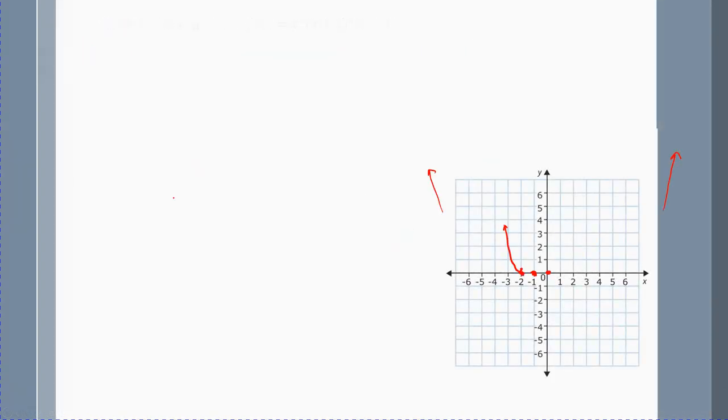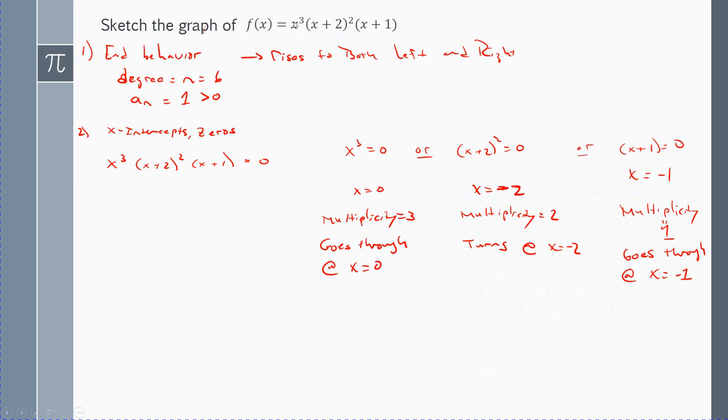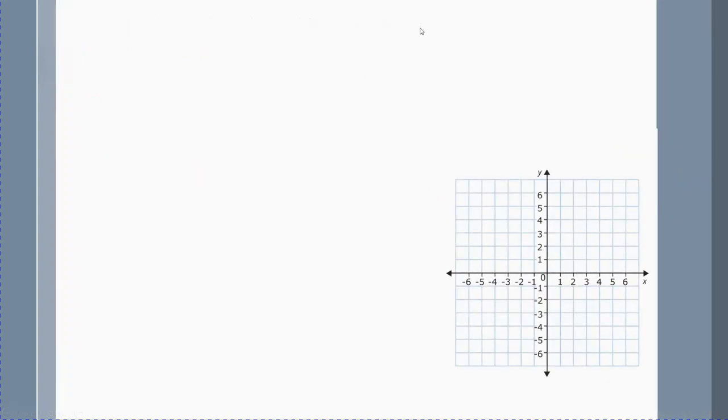Just to help you see the y-intercept: if you plug in f of 0, looking at the first factor, 0 cubed wipes everything out. So you get 0, and it's also the point (0, 0).